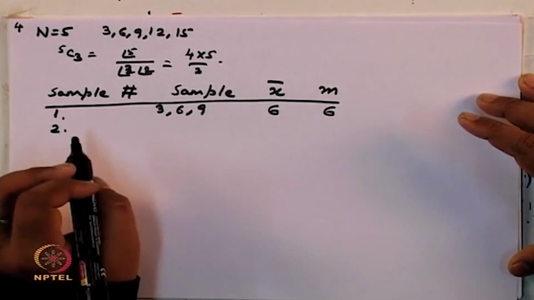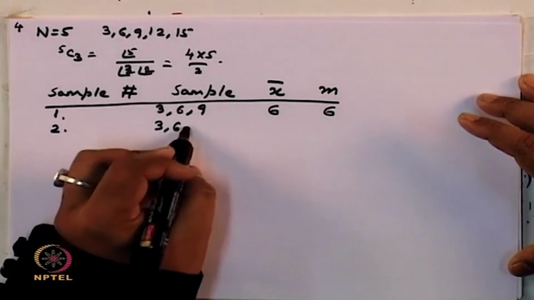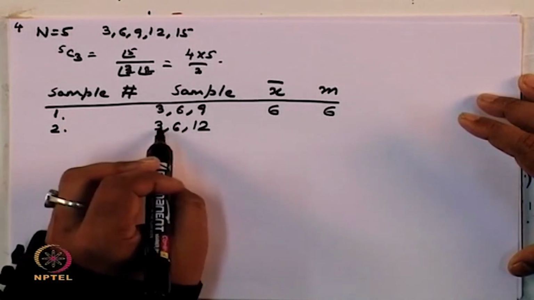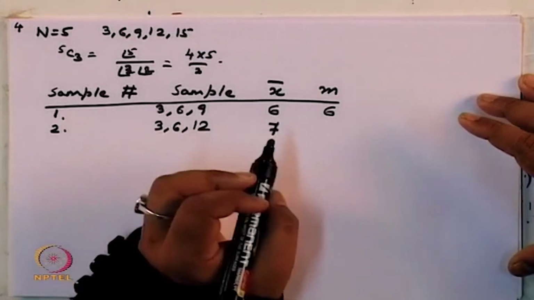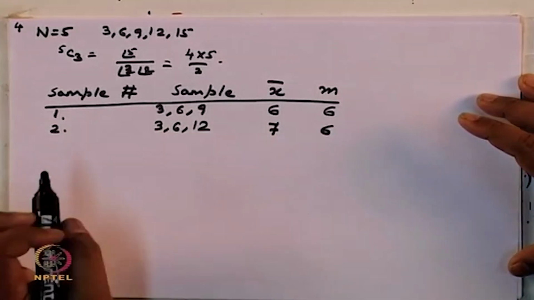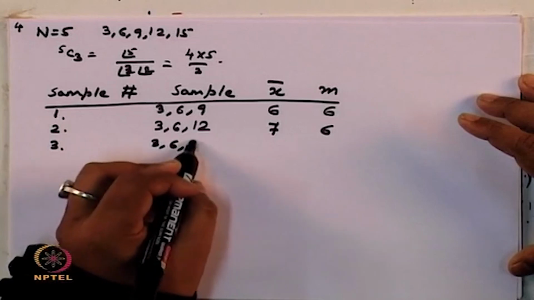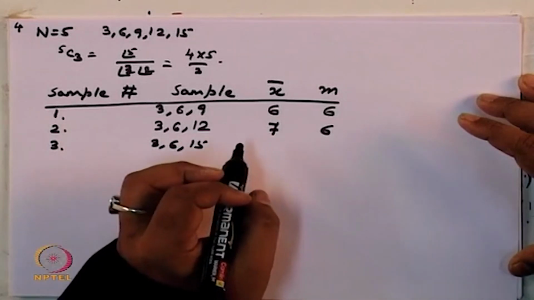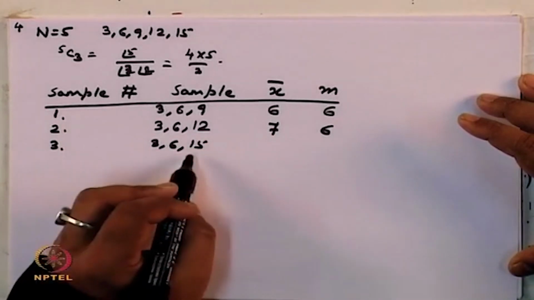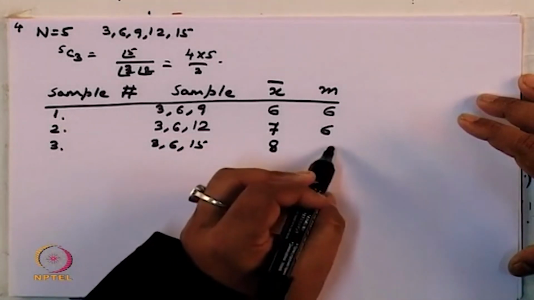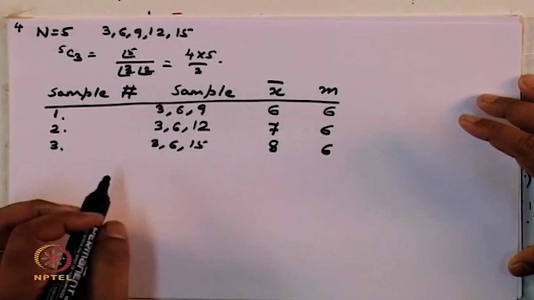My sample number 2 is 3, 6, 12. So, in this case 12, 18, 21, x bar is 7, median is 6. Okay. 3, 6, 15. X bar is 15, 18 and 6, 24. So, 8, median is 6.